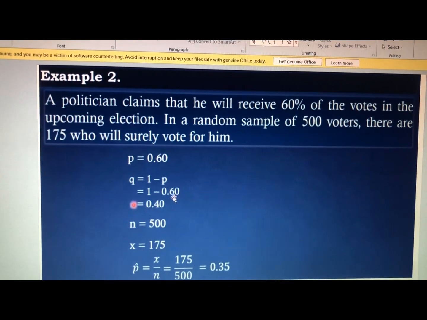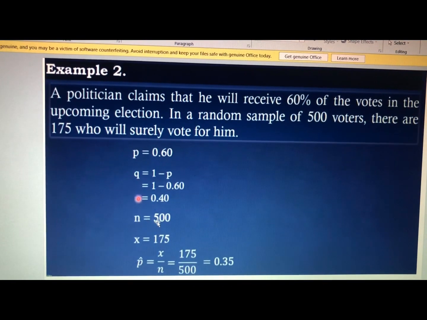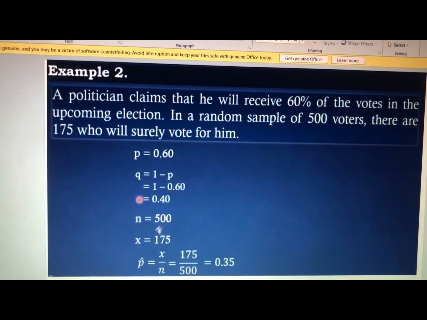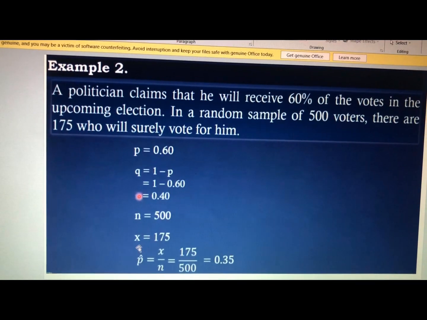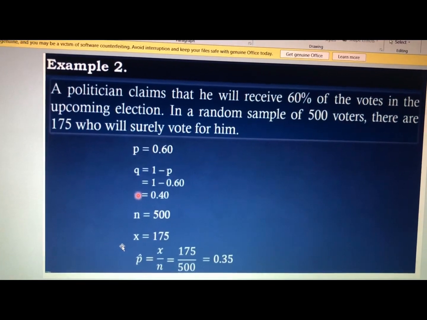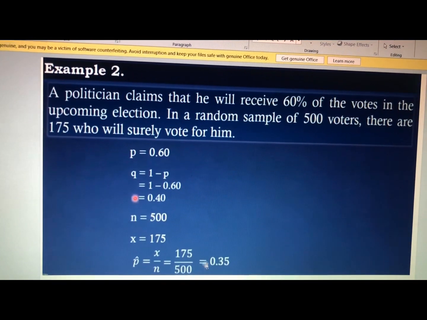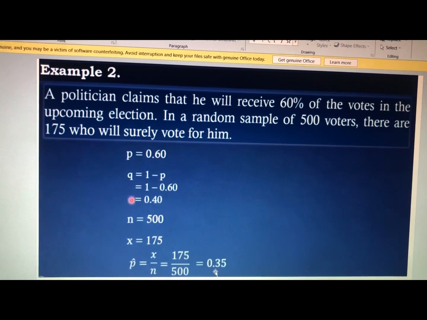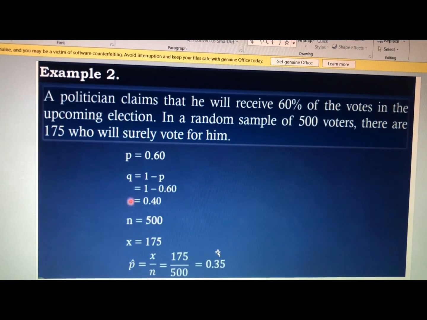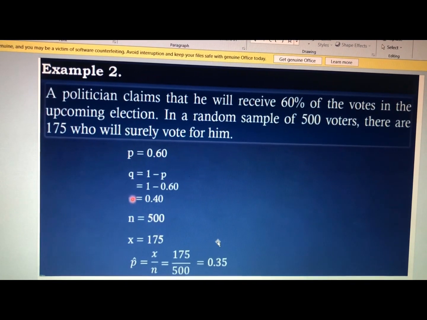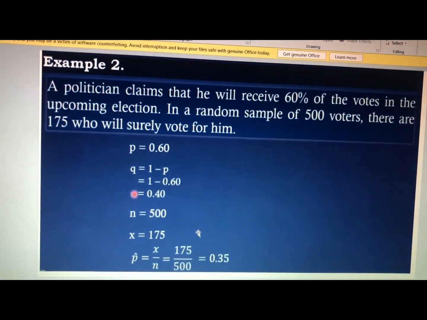And then yung sample size natin is 500. Our x here is 175, and that is 175 divided by 500. The answer is 0.35. So yung sample proportion natin is 0.35.